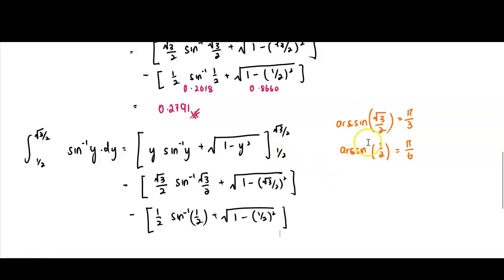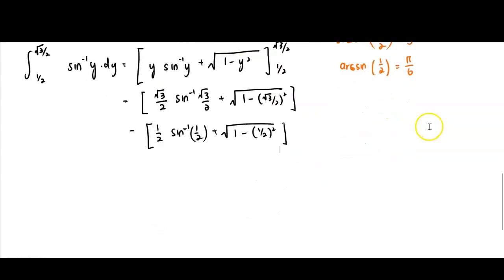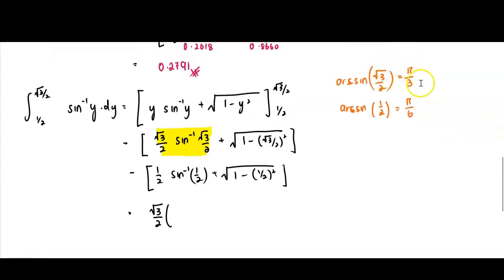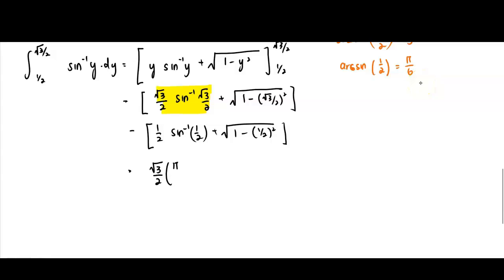Okay, so we're going to replace the values with pi over 3 and pi over 6. For the first term, it becomes root 3 over 2 multiplied with pi over 3. So we have root 3 pi over 6 here. Done. So this is the term for the yellow, highlighted.